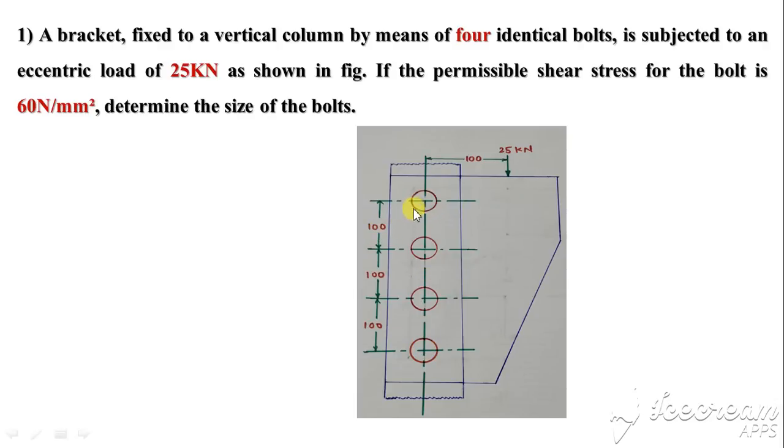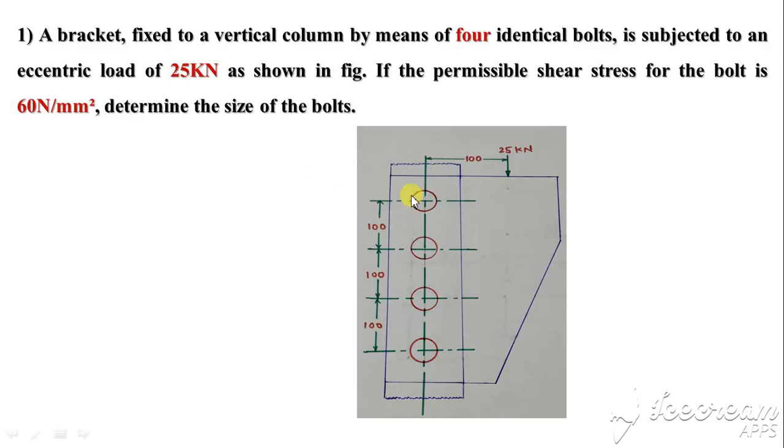The distance between each bolt is 100 mm, the load is 25 kilonewton, and the distance of the application of load from the line of action of this bolt system is 100 mm. Permissible shear stress, tau, is 60, and we need to determine the size of the bolt.